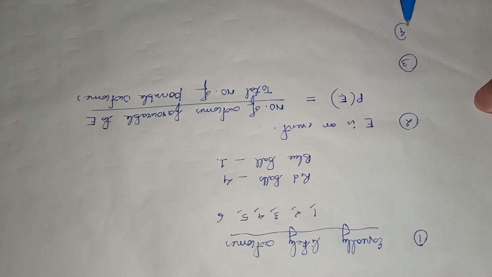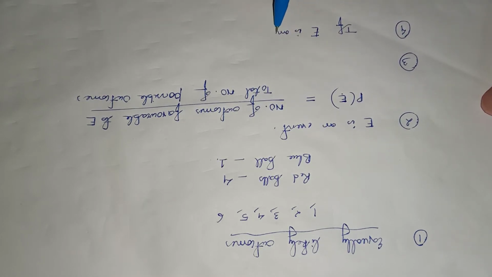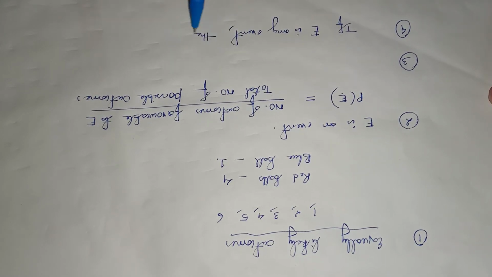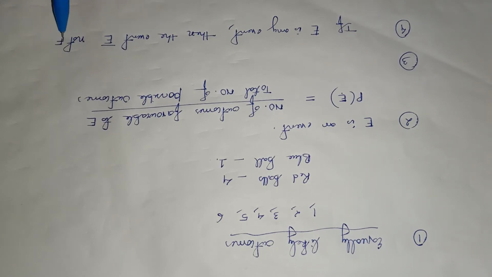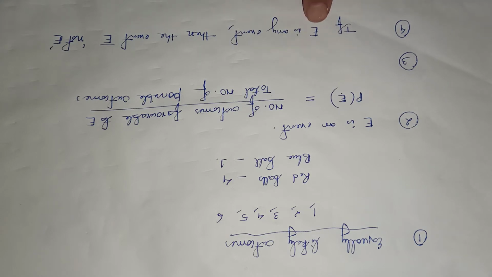The fourth one, if E is any event, then the event E bar, or we say not E, is called the complement of the event E. So we also say that E and not E are complementary events.